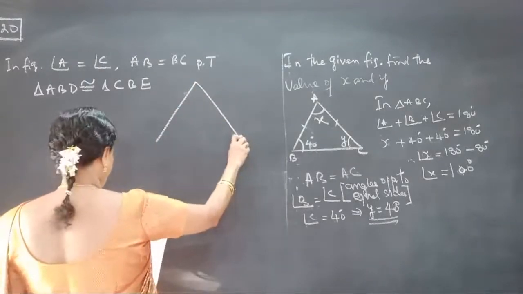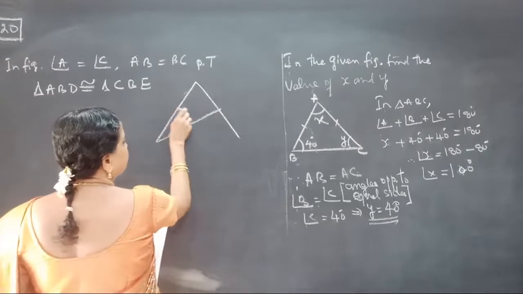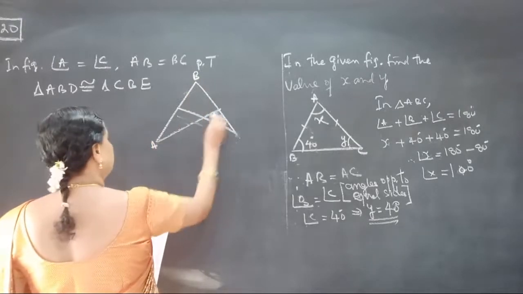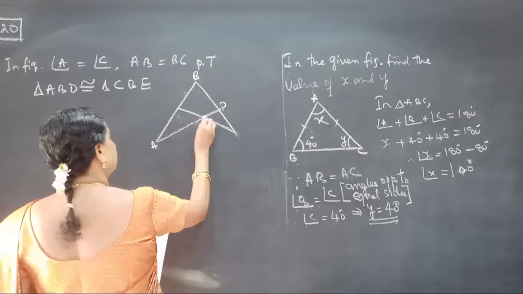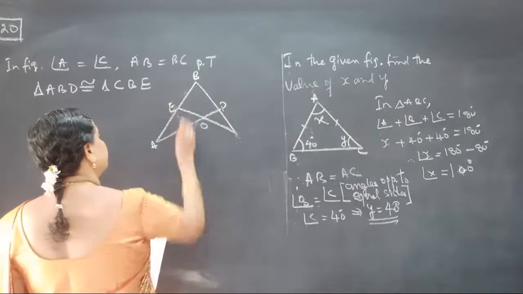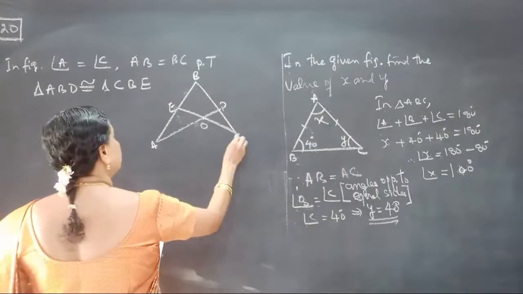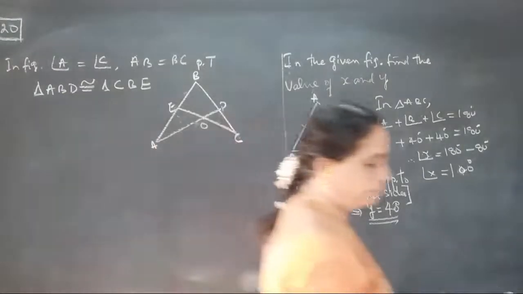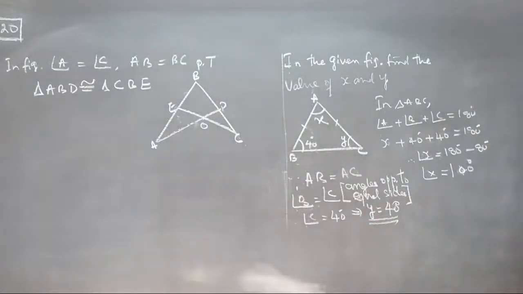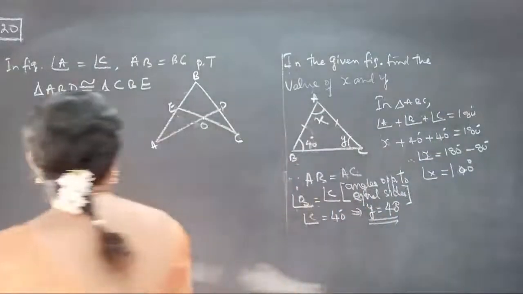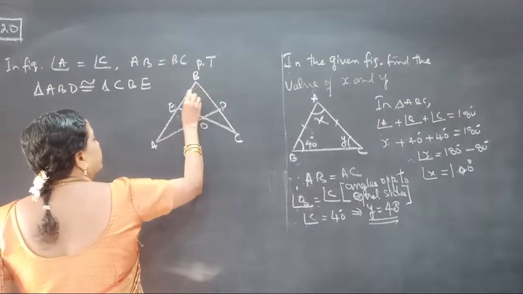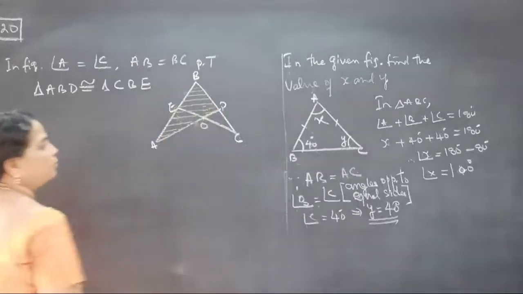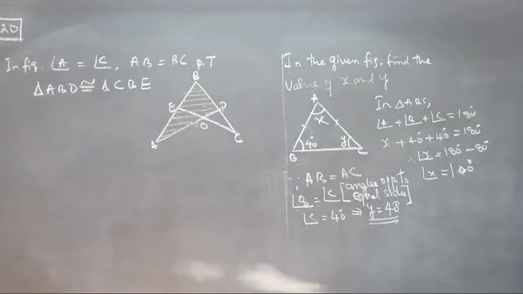Get the figure. We have to prove triangle ABD is congruent to triangle CBE.